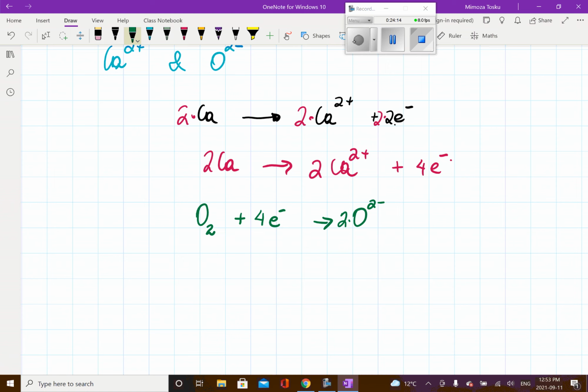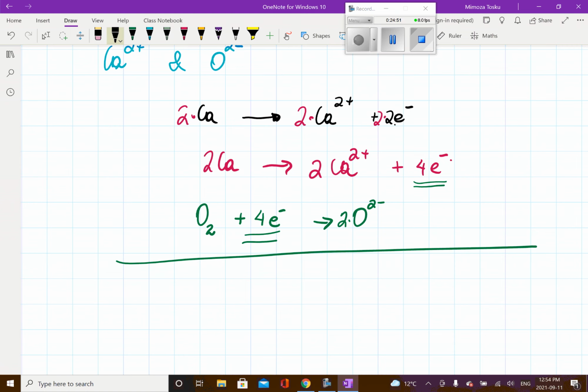Those are known as half reactions. In a half reaction, the number of electrons that are released, lost, absorbed, or gained is shown explicitly. If we add the 2 half reactions together, they give us an overall reaction.